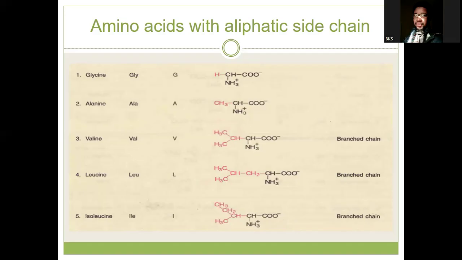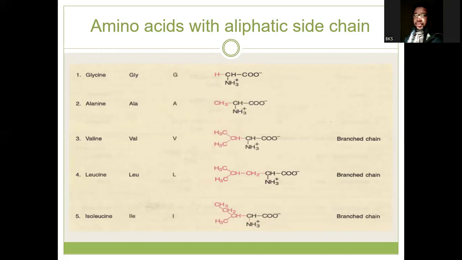In alanine, what we have is a methyl group.